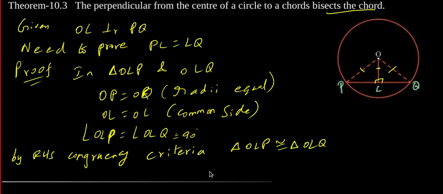So by CPCT, corresponding parts of congruent triangles, PL equal to LQ, which implies that this OL, perpendicular drawn from the center of the circle, will bisect the chord. This has been proved.